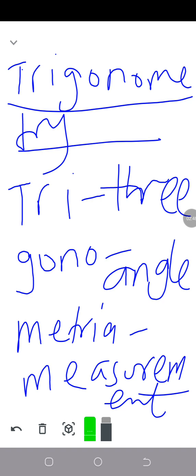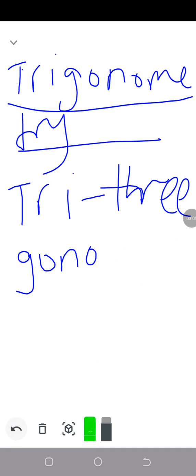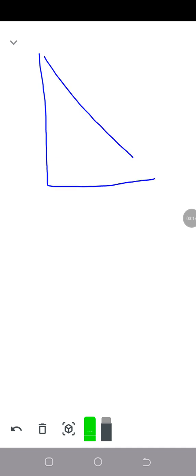Which means for us, the figure in mathematics that has 3 sides is a triangle. Therefore, the basis of trigonometry is going to be seen from a right-angled triangle. Now, from a right-angled triangle, the angle is 90, then the rest of the angles here are 45.